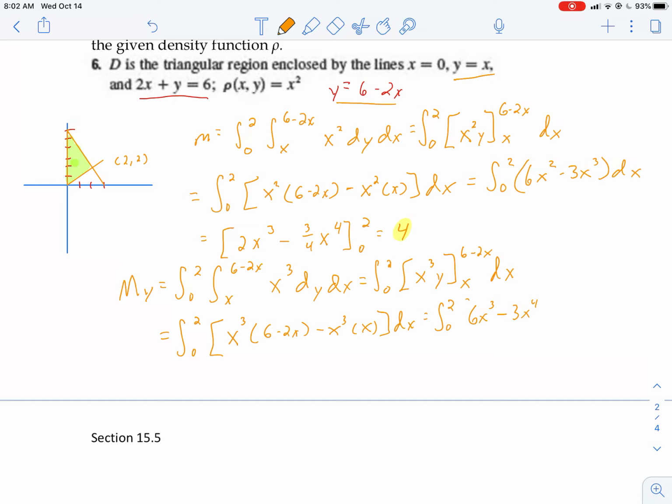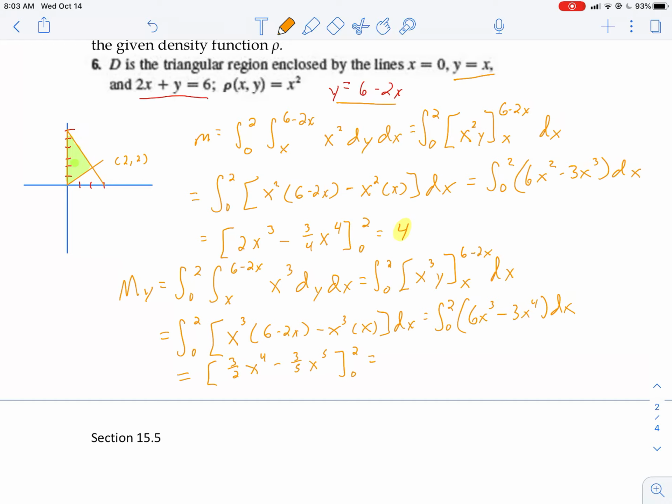Very similar to what we had above, but adding in that new x. Again, you can work a lot faster than this; I'm just making sure that you have everything. Let's integrate one more time. It's going to be to the fourth, so 6 over 4, so 3 halves x to the fourth, minus, it's going to be to the fifth now, so 3/5 x to the fifth, from 0 to 2.